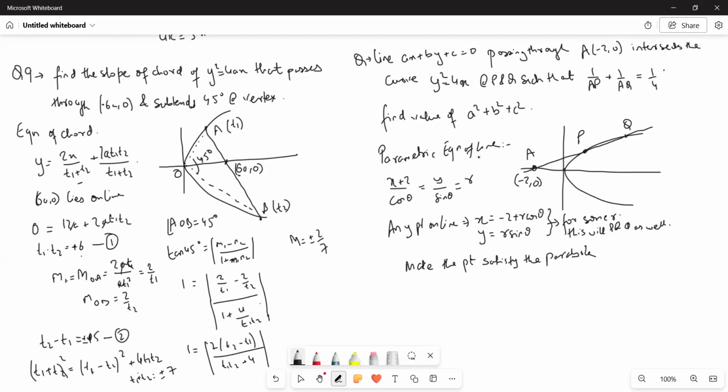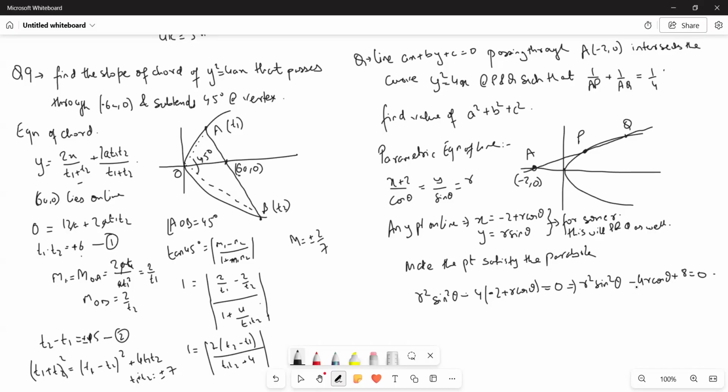The parabola is y square equal to 4x, so y square becomes r square sin square theta is equal to 4x, so minus 4 times minus 2 plus r cos theta, which converts to a quadratic in r: r square sin square theta minus 4r cos theta plus 8 is equal to 0.